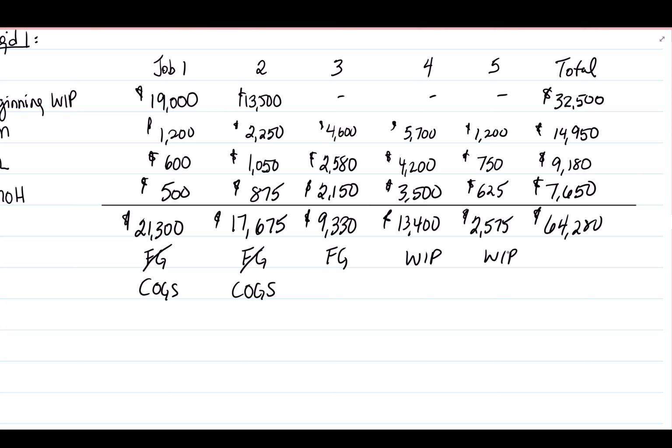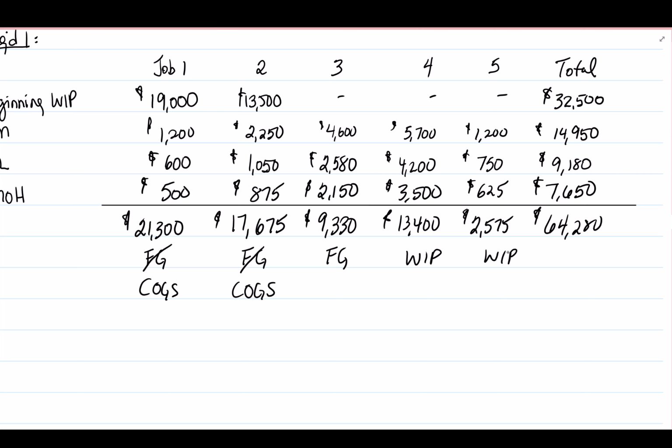So the question said, prepare a job costing sheet for each job. Indicate what jobs are in which account, work in process, finished goods, and cost of goods sold. What is the dollar value balance in raw materials, work in process, finished goods, and cost of goods sold at January 31? Well, you can't just take your job cost sheet, just so you know.